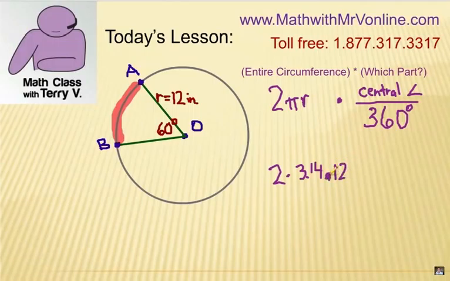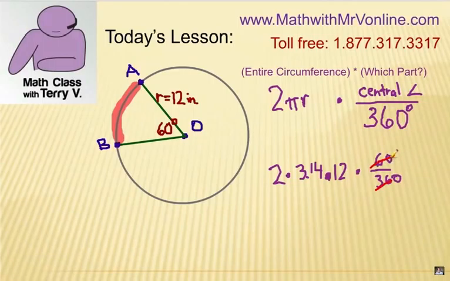Let's make that a multiplication dot there. Sorry about that. And we're going to multiply it by the 60 degrees over 360. Of course I'm showing this in degrees. Now the next step is to just multiply and simplify whatever we've got here.